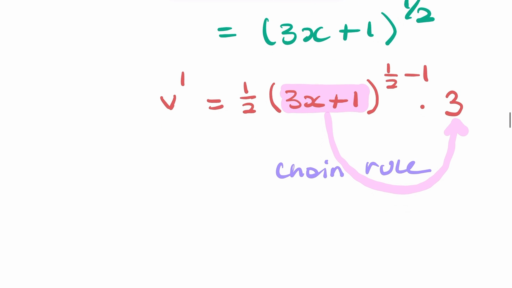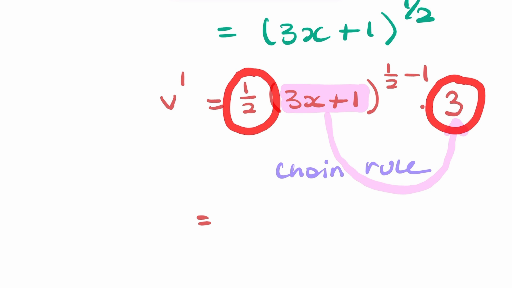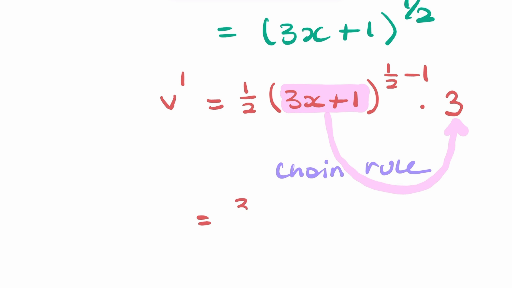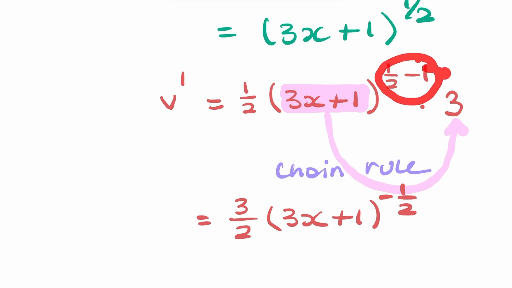And we can simplify that. When you have two coefficients, it's always better to write it as one coefficient. So it's 3 over 2 times 3x plus 1 to the power negative 1/2. So 1/2 minus 1 is negative 1/2.